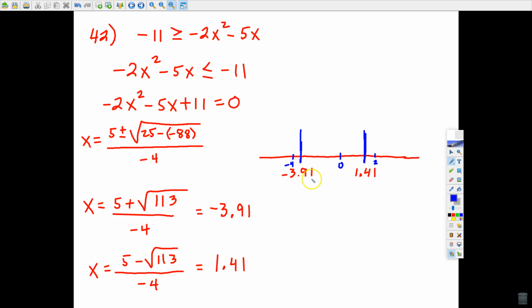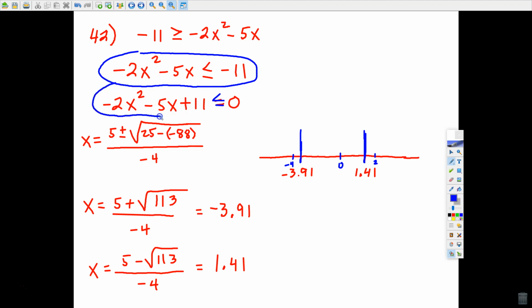So what I'm going to do is take each one of these numbers one at a time. I'm going to plug into this inequality, and you can plug into either one, it really doesn't matter. They are equivalent. So let's take each one of these numbers one at a time, and we'll see if we get a true statement when we plug that number in for x.